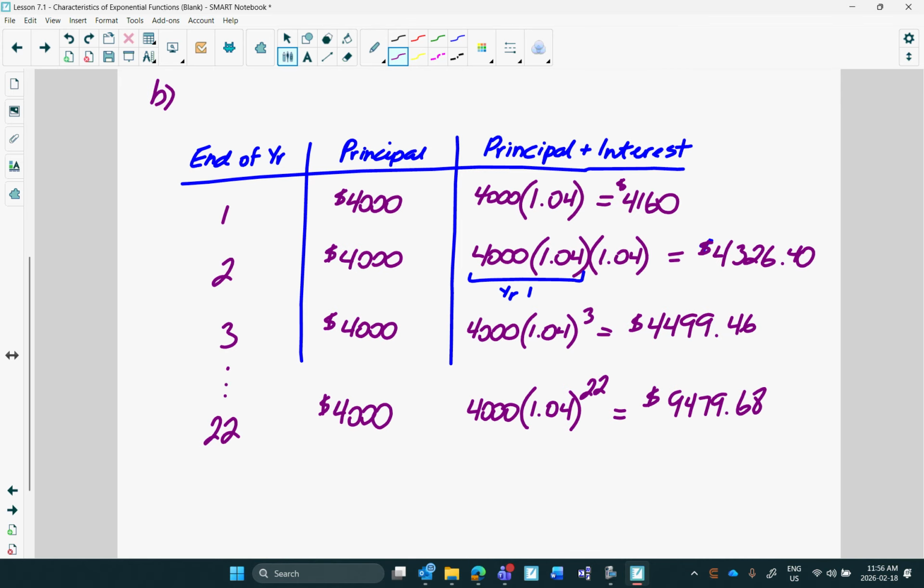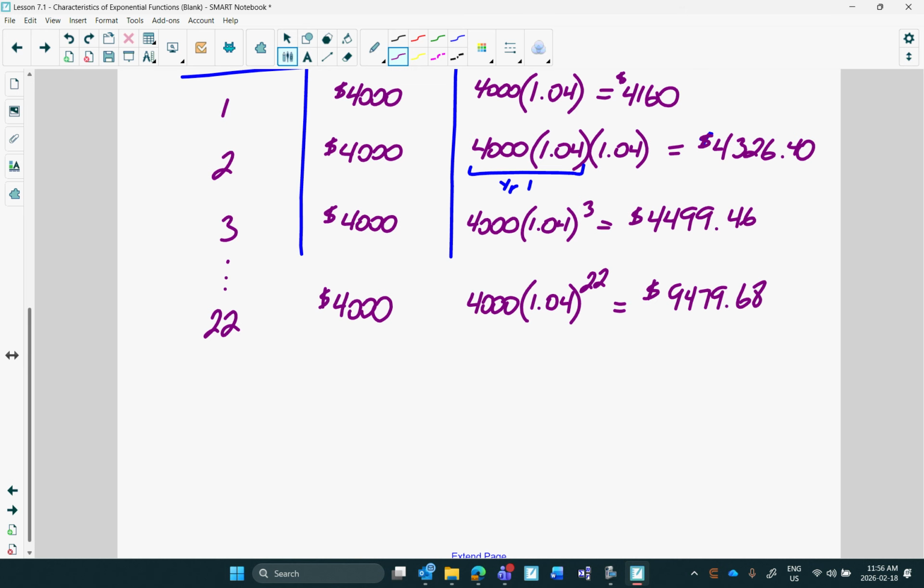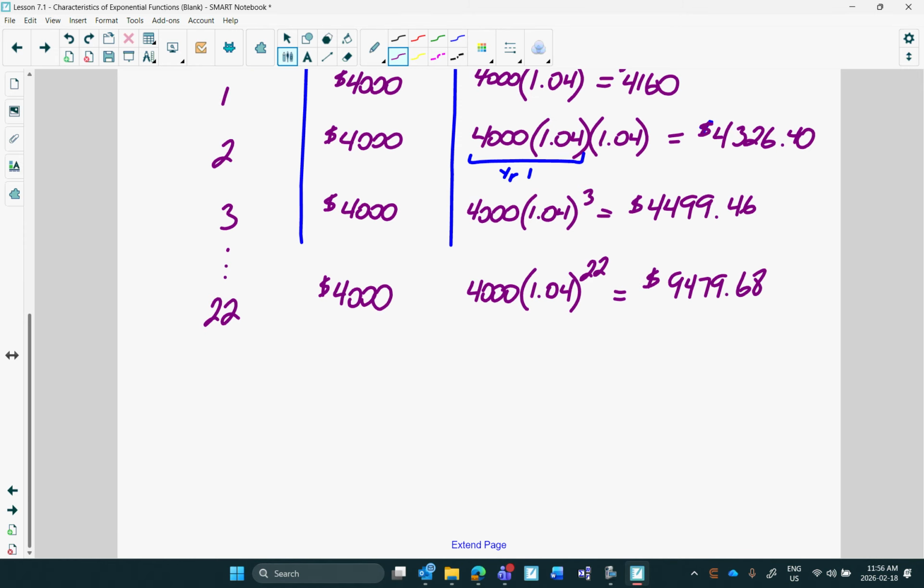And how can we get a formula out of this? Well, think about it. To find the amount of an investment or the amount of a loan, what were we doing here?